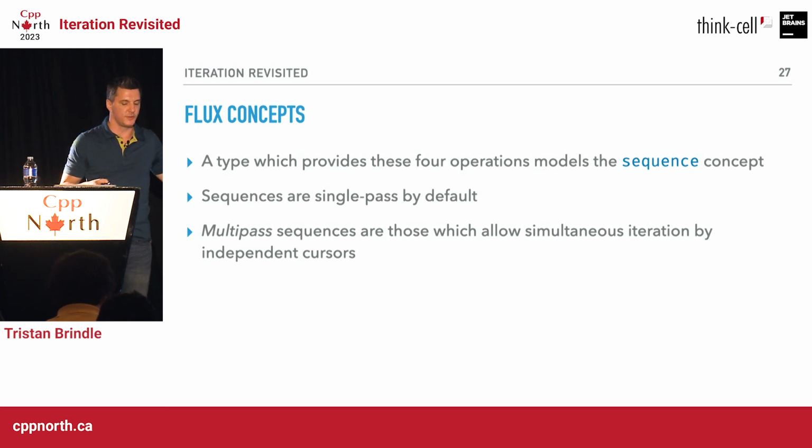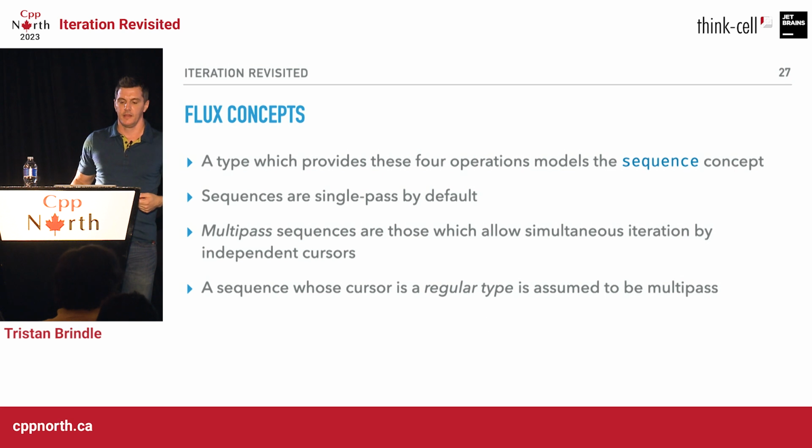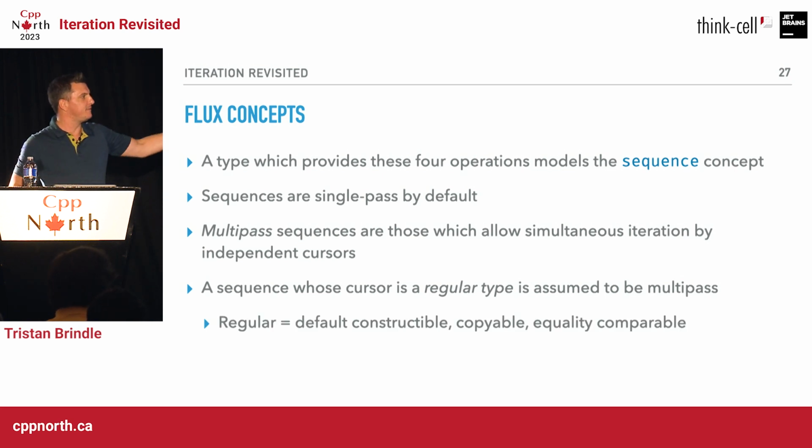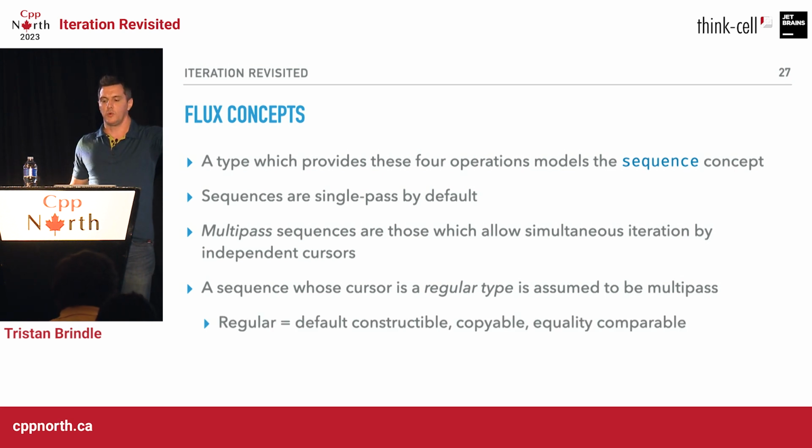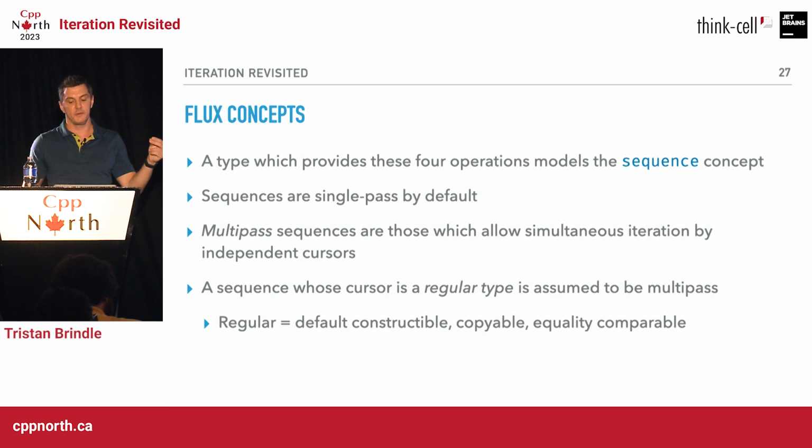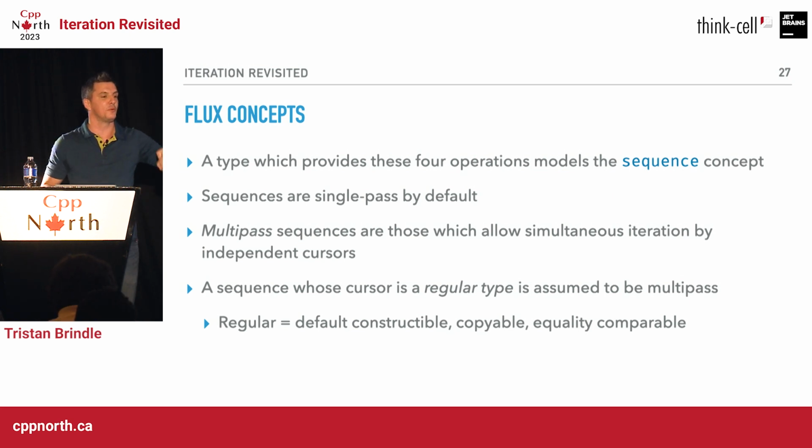For multi-pass sequences, we have some additional requirements. Namely, the cursor type needs to be a regular type. A regular type is one that's default constructible, copyable, and equality comparable. A multi-pass sequence requires these properties of the cursor, and conversely, if your cursor has these properties, we assume the sequence is multi-pass.